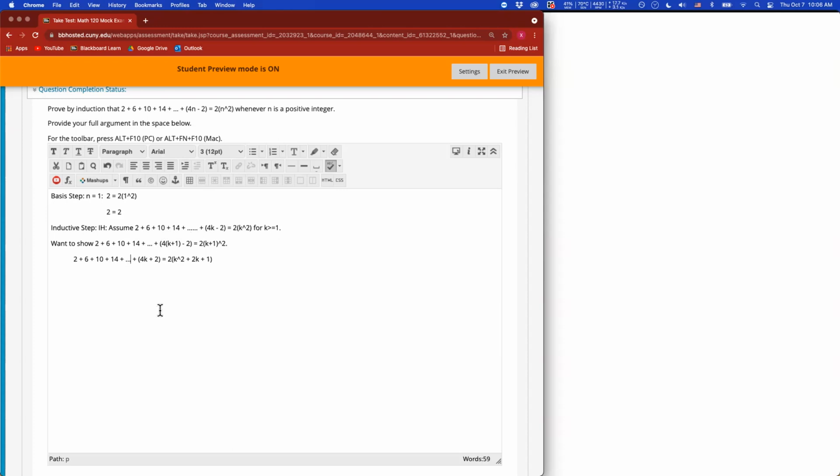So if you get the term before 4k plus 2, that means you need to decrease by 4, since you incremented it by 4 to get the last term. So the term before that will be 4k plus 2 minus 4, then you will get 4k minus 2, and that's your previous term here.